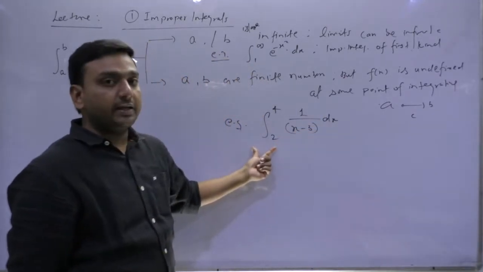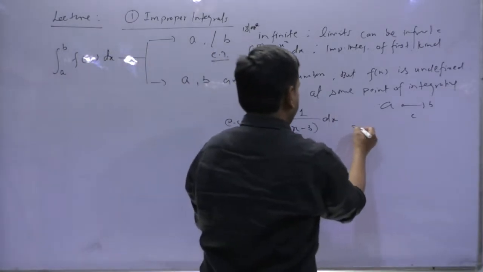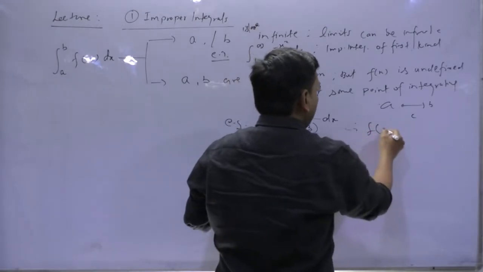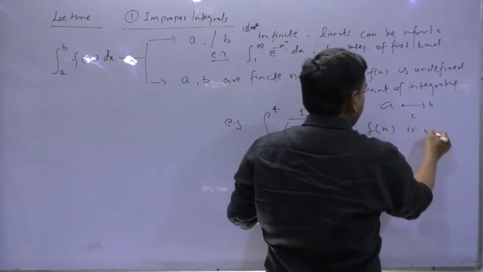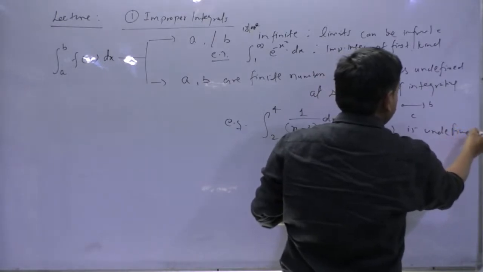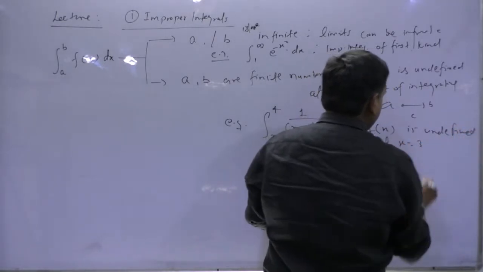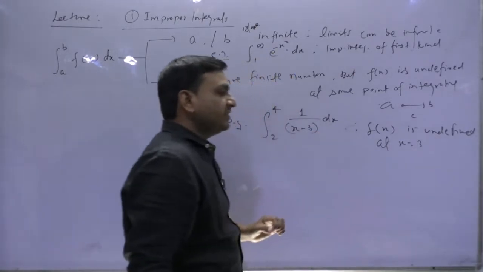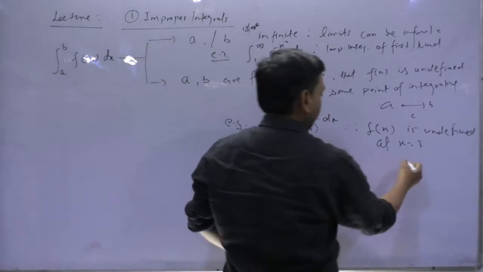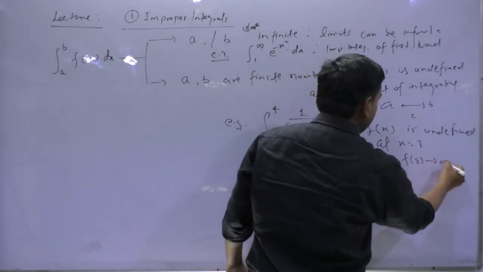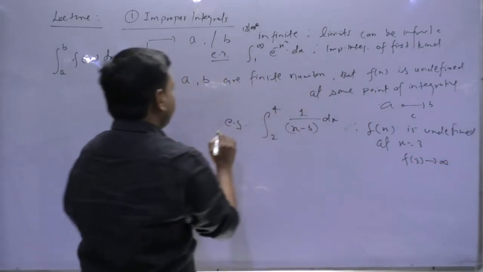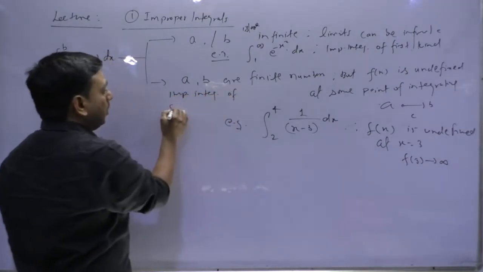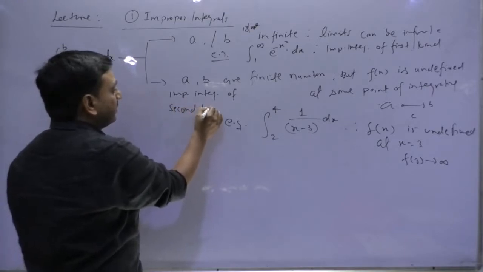So in this category, the function f of x is undefined at x equals 3. Check it out, 1 upon 0 tends to infinity. So you can say f of 3 tends to infinity. This category is called improper integral of the second kind.